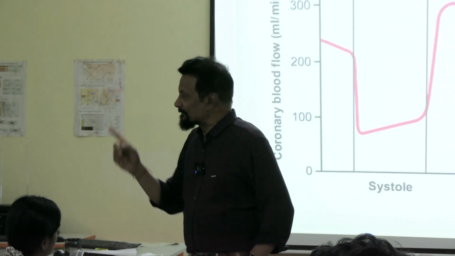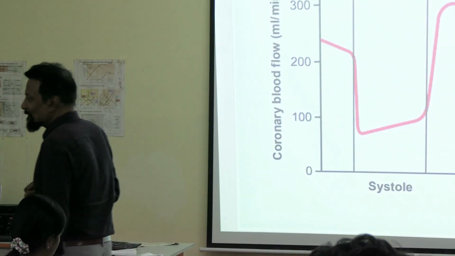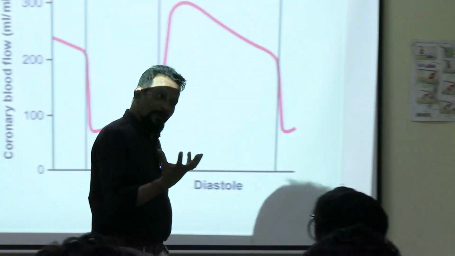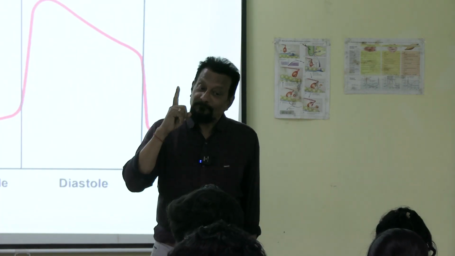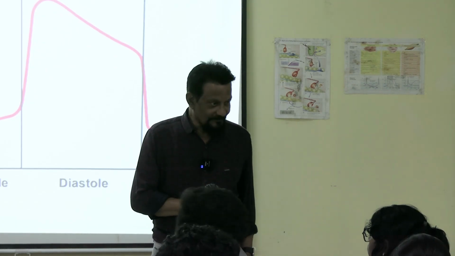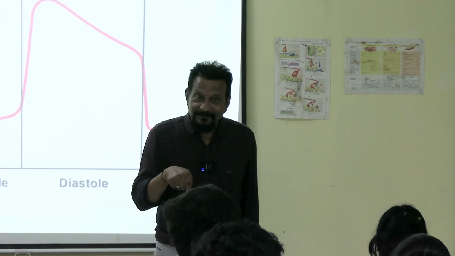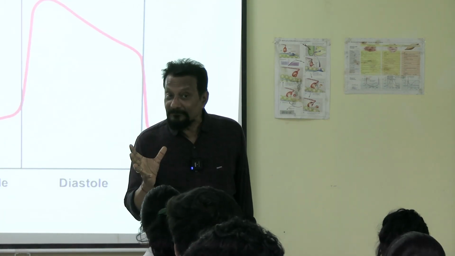Out of this 5 liters, how much is the heart getting? 225 ml per minute. Okay. Now our heart has a weight of 300 gram. Now per gram, how much blood is it getting? 225 ml in 1 minute, divided by 300 gram.